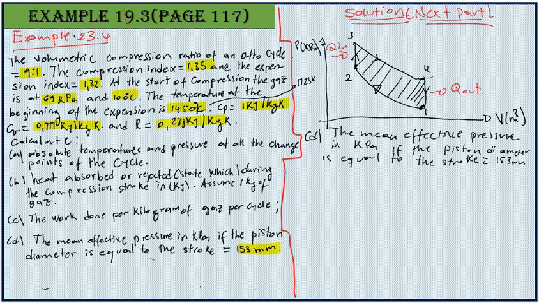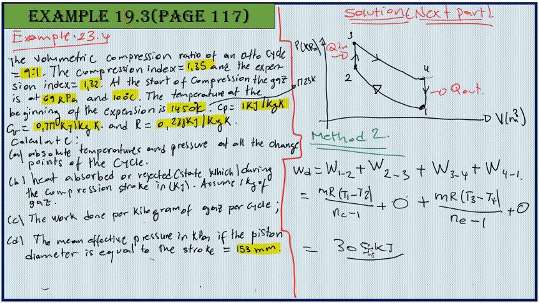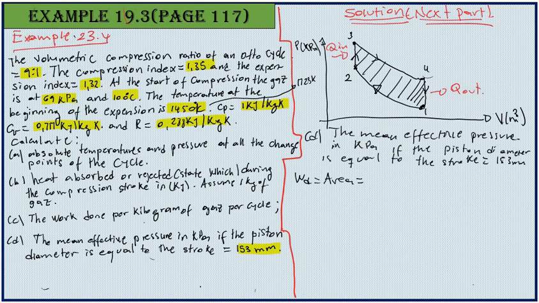So we have already determined this area, which is the work done. So this represents the area of the cycle, which is the work done. So we have 305 kilojoule.